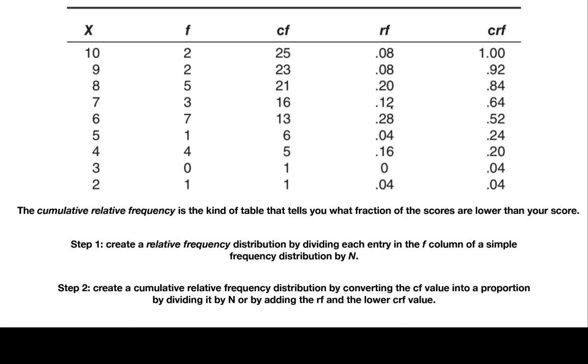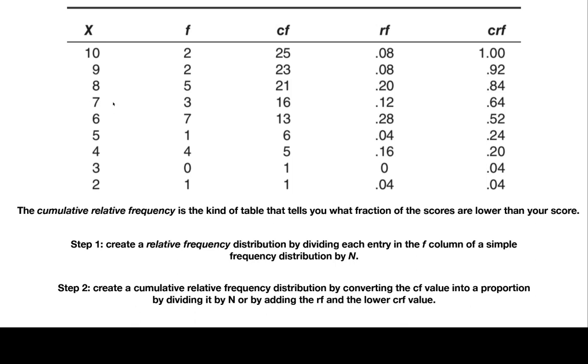So all we have to do is to add 0.12 to the lower CRF value, which is 0.52. And if you add 0.52 and 0.12, you will get 0.64, which is the CRF value for the raw score 7.